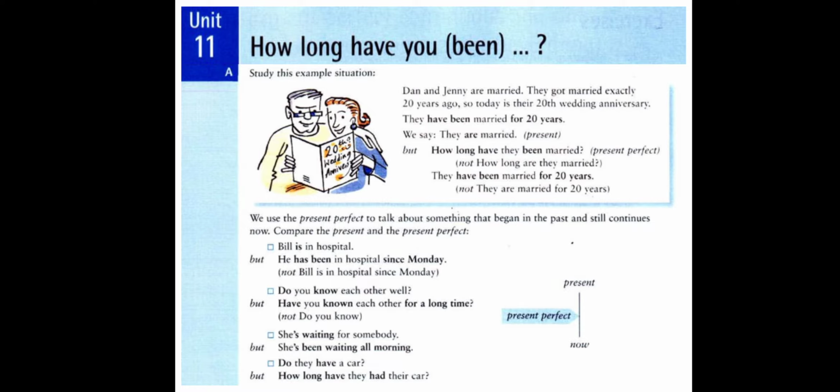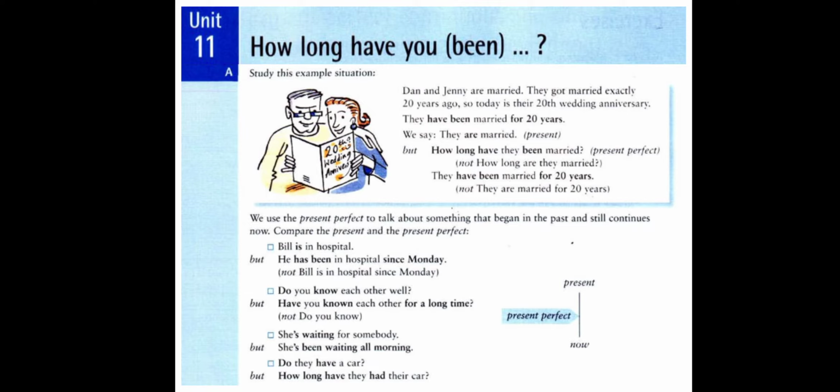If you change the present perfect simple into passive, it becomes object they, and have married becomes have been. We use been and married. So we say they are married now.